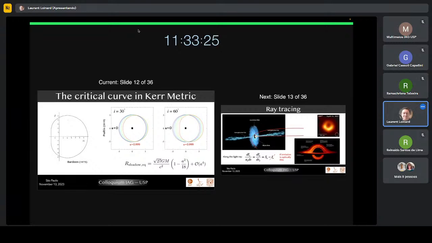Okay, so this is more or less seen from above with the black hole angular momentum pointing at you, and this is about like this. So for that shadow to have a shape like this, noticeably not circular, it has to be a large angular momentum, and it has to be seen more or less perpendicular to the angular momentum.